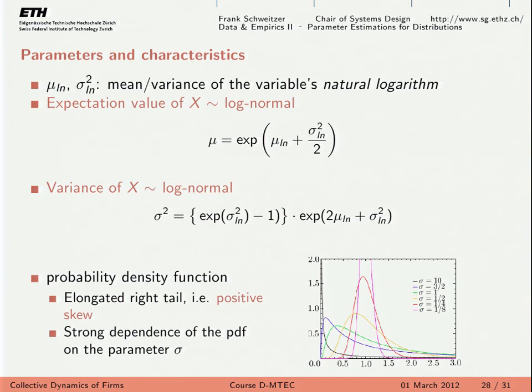So, and here we have plotted the log normal distribution for various values of sigma and probably also of mu, but I cannot see it here. And then you see how the shape of the distribution changes if I have different values here.